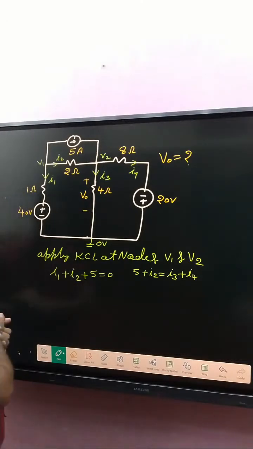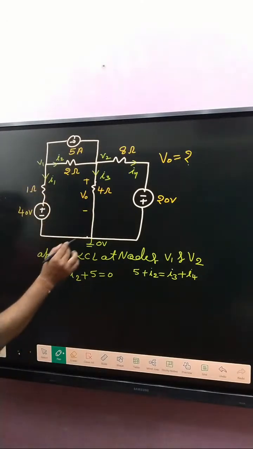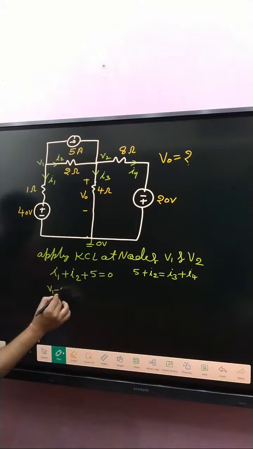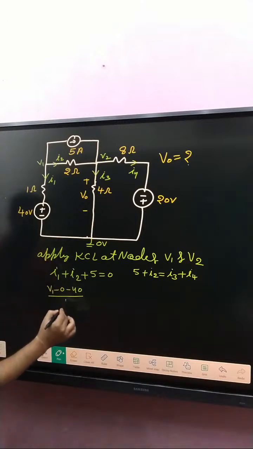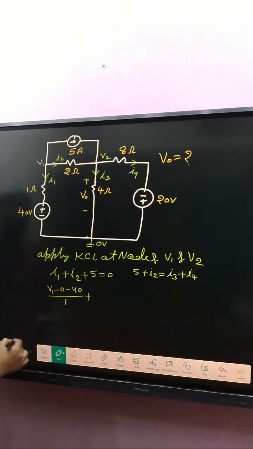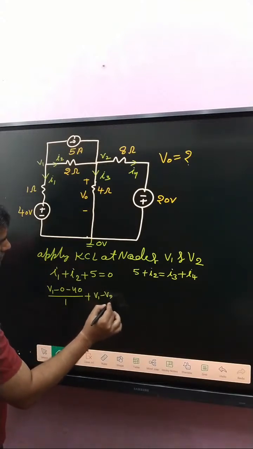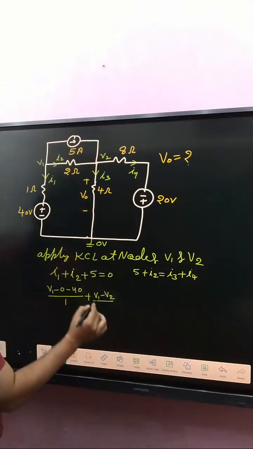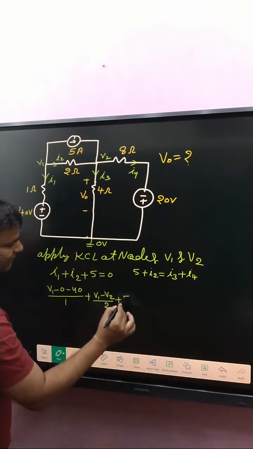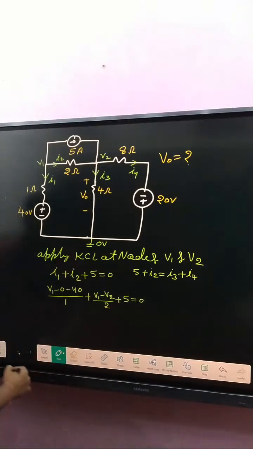Okay. What about I1? I1 is (V1 minus 0) divided by 1, current from the minus terminal, so minus 40 divided by 1. What about I2? I2 is (V1 minus V2) divided by 2 plus 5, equal to 0.